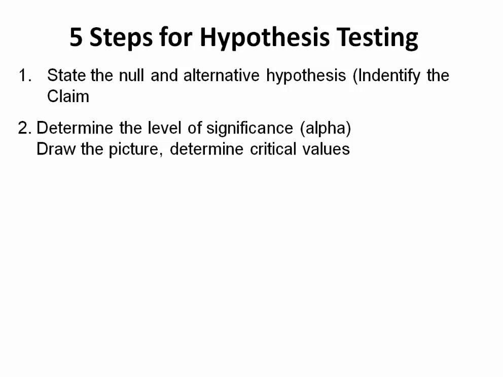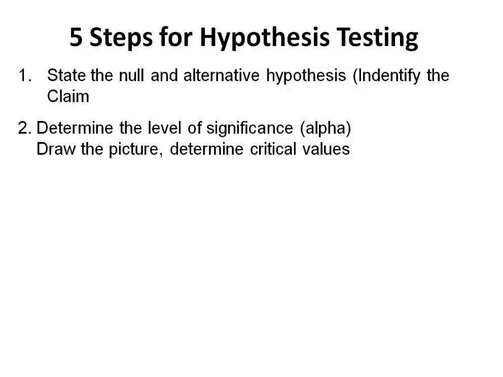So in essence, alpha represents what we call our risk factor. In other words, if my confidence level is 90%, then I'm really willing to take a risk of 10% that I am wrong. So we will look at alpha as our risk factor.